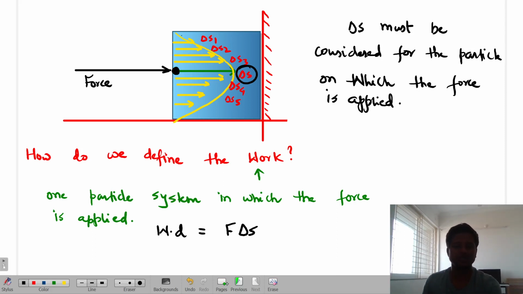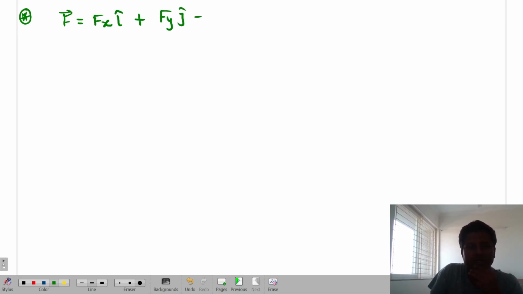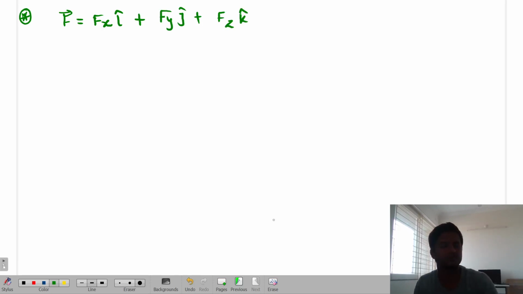Yes. Now, as I know that our force is a vector quantity, F can be written as Fx i cap, the force component along x into i cap, plus force component along y into j cap, plus force component along z into k cap, isn't it? Similarly, I can have the displacement.